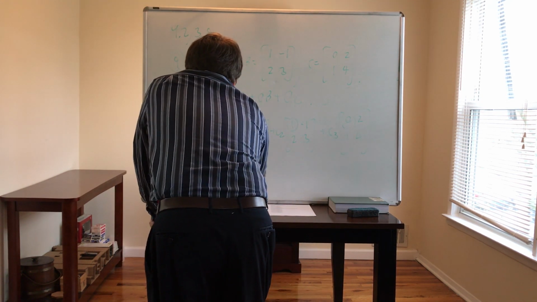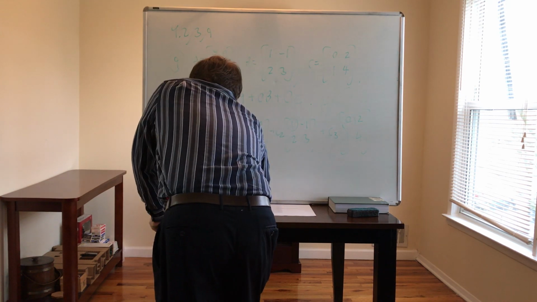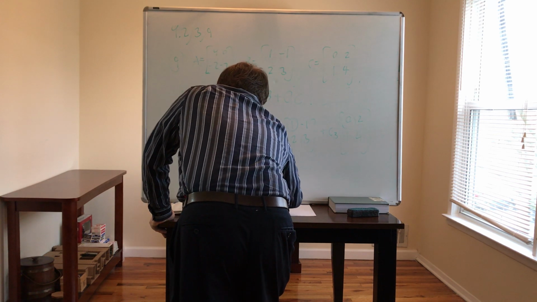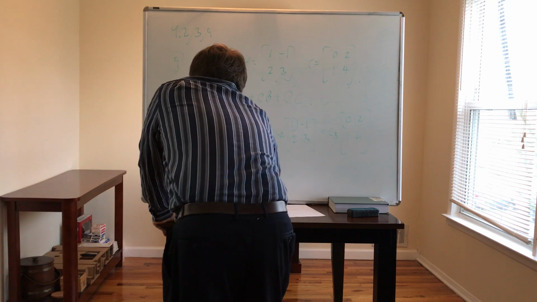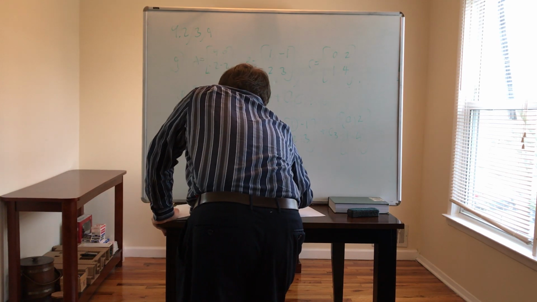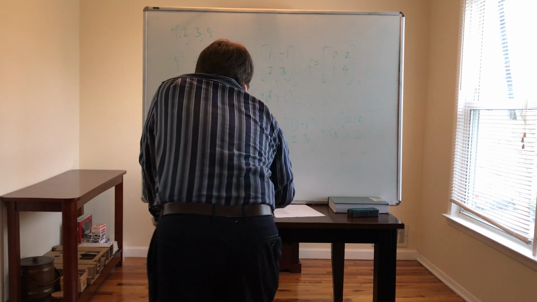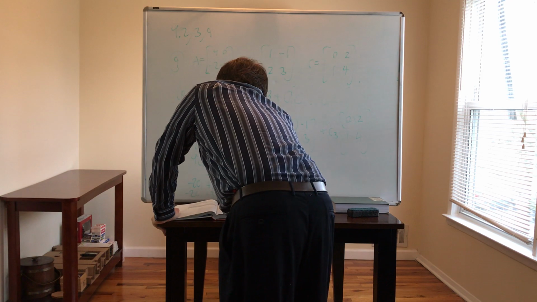We have negative 2C1 plus 2C2 plus C3 is equal to negative 1. And then that's negative 8 here. This is equal to negative 2C1 plus 3C2 plus 4C3.